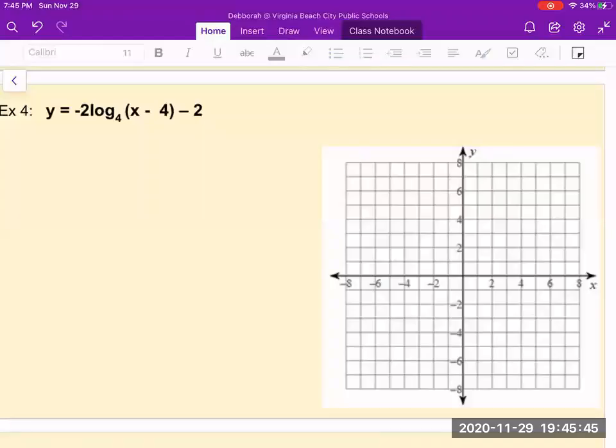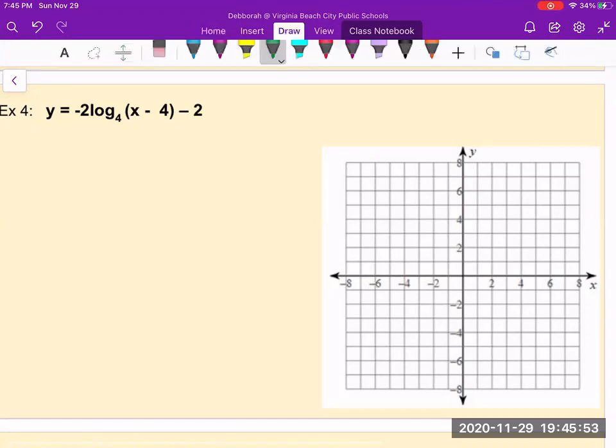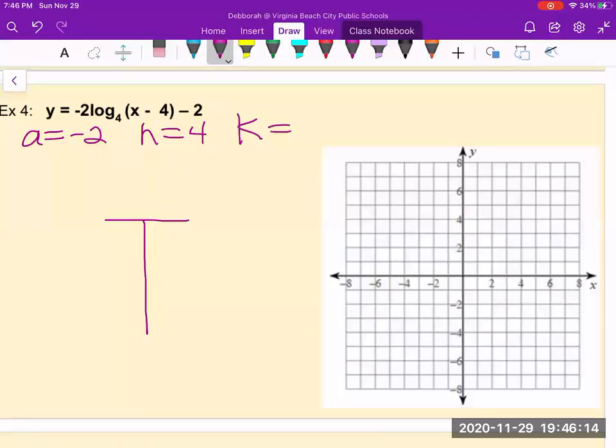Okay, let's do one more and take the same approach. So we're going to start with making an XY table for the parent function. Now we should identify our a is -2, our base is 4, h is +4 this time because it's x minus 4, and our k is -2.